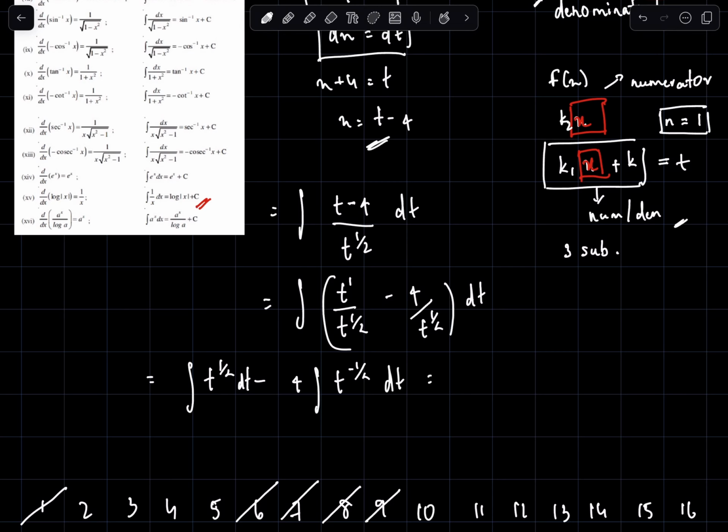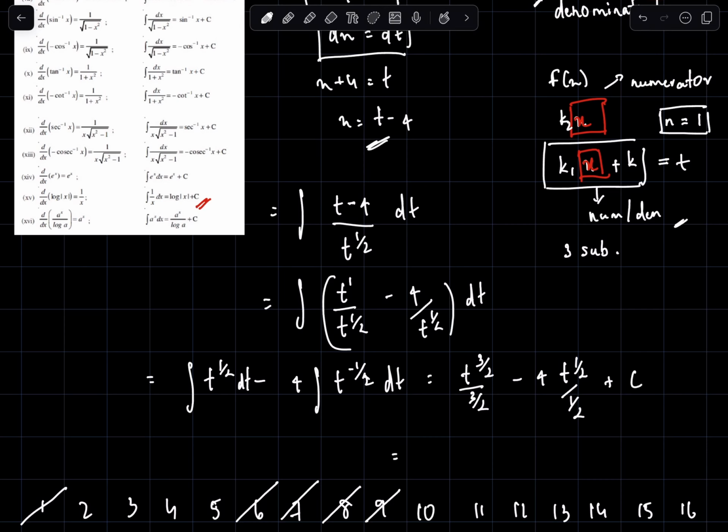And if we integrate the individual terms, what do we get? We get t raised to the power 3 by 2 divided by 3 by 2 minus 4, this is half, sorry, minus 4 t raised to the power half, if I'm not mistaken, divided by half plus c, correct?